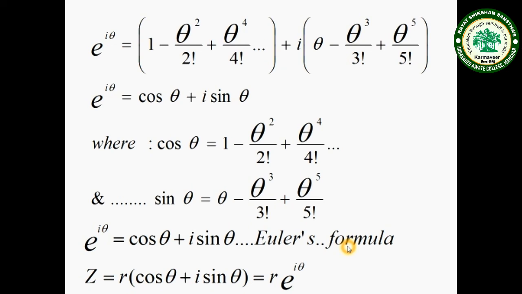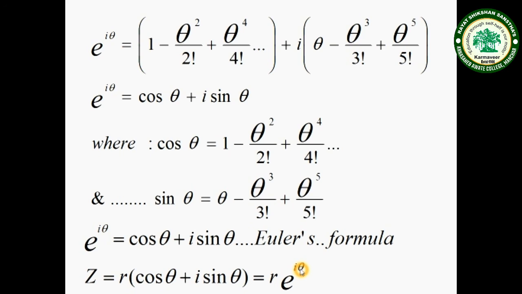We can write this z as r times cos theta plus i sin theta from the previous polar form. Here we have kept this r as it is, and in place of cos theta plus i sin theta we have written e to the power i theta. And this is the Euler's representation of the complex number.